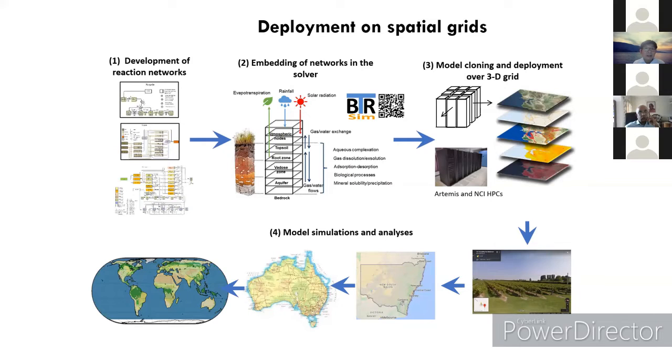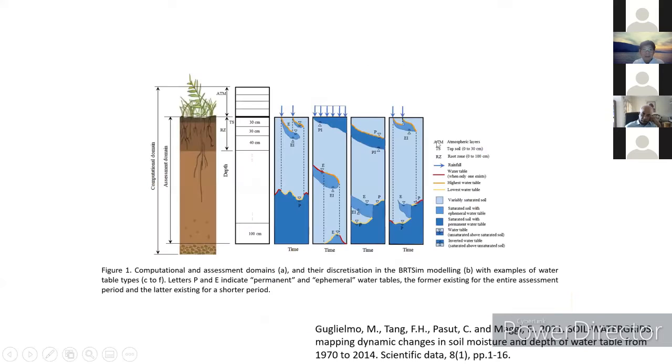So we run the model on little columns, little profiles throughout the world. We discretize it and run each one independently, and want to see the results, right?